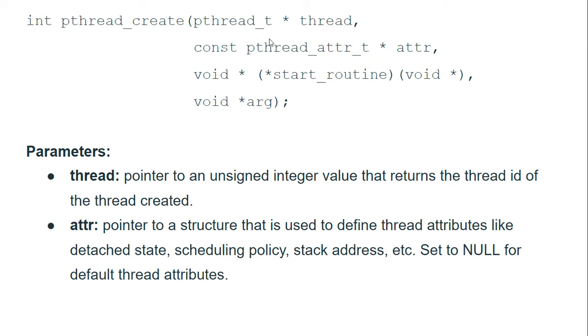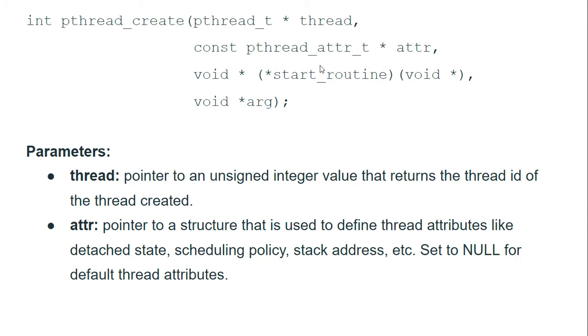Once a thread is created, it is totally an independent thing inside the process. But from the main function, that thread is not accessible. To access that thread, the thread ID is used. So this is the use of thread ID. Using the thread ID, you can call other functions to control the thread.